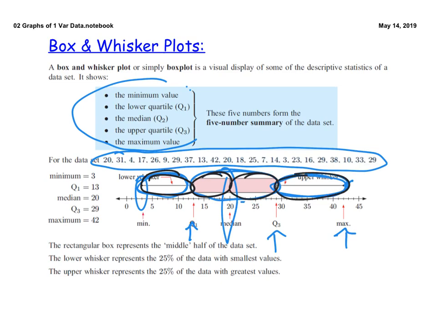Okay. And remember, the middle of the whole thing right here, the median, is also cut up into halves where the Q1 is the middle of the lower half and the Q3 is in the middle of the upper half. So that's how a box and whisker works.